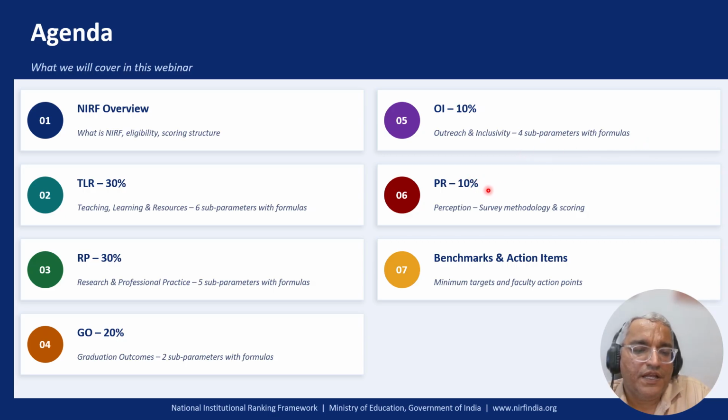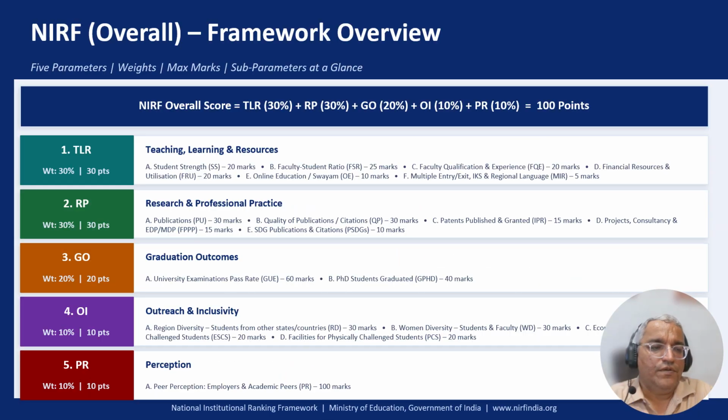Perception carries a weightage of 10% out of the total 100 marks, and it is based on survey, methodology, and scoring. The NIRF overall category framework consists of teaching, learning and resources, which is 30%.